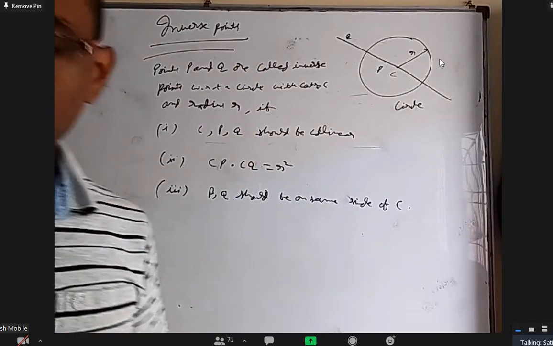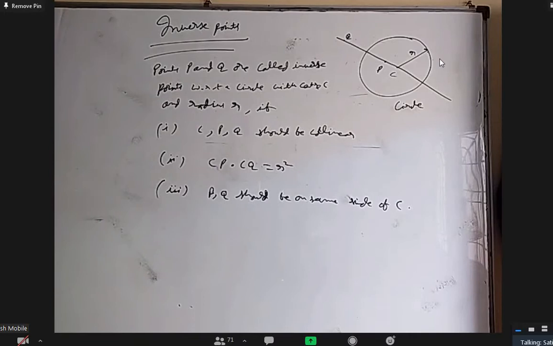I think we can easily notice if P is inside the circle, Q will be outside the circle. Am I correct? Anybody want to tell why? If P is inside the circle, Q has to be outside the circle.